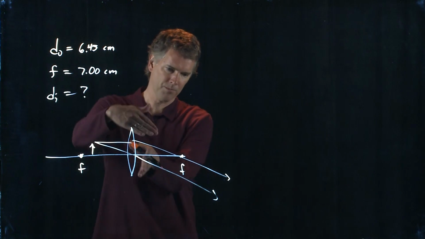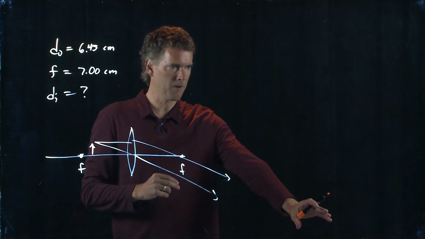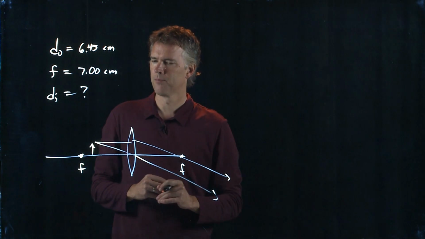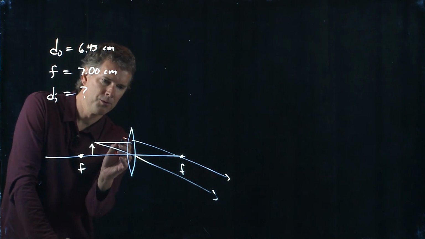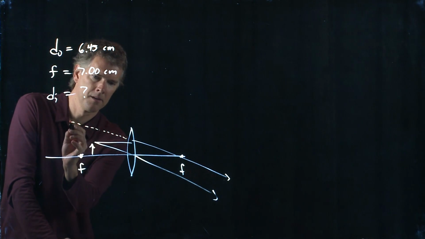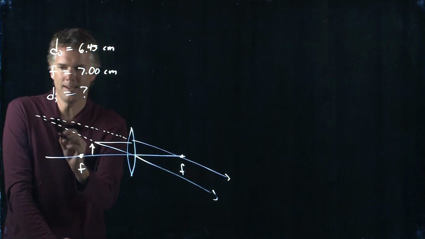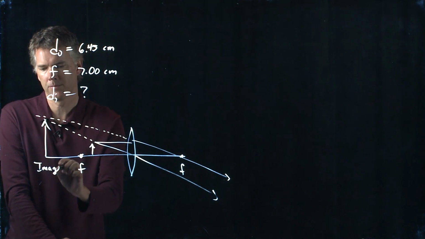They don't, right? They are diverging still. So they're never going to meet over here. So there cannot be an image located on this side. All right, so how do we determine the image? Well, you trace this one back, you trace this one back, and where they meet, that's where the image is located.